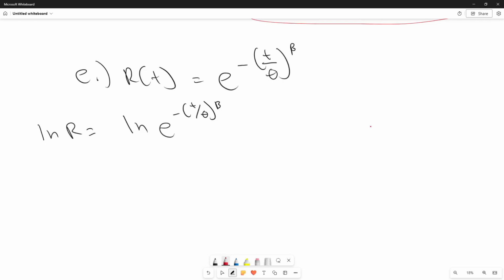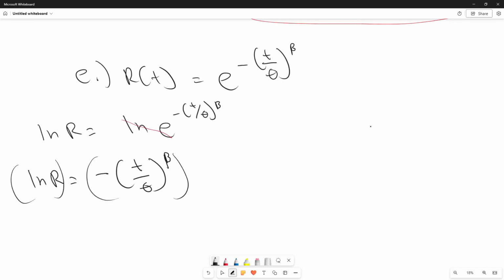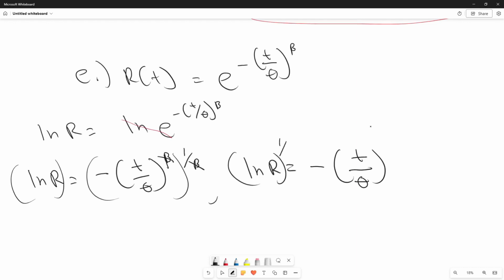By the rule of logs, ln of e just cancels, so you're left with ln R equals negative t over theta raised to the power beta. If we raise both sides to 1 over beta, this cancels this.